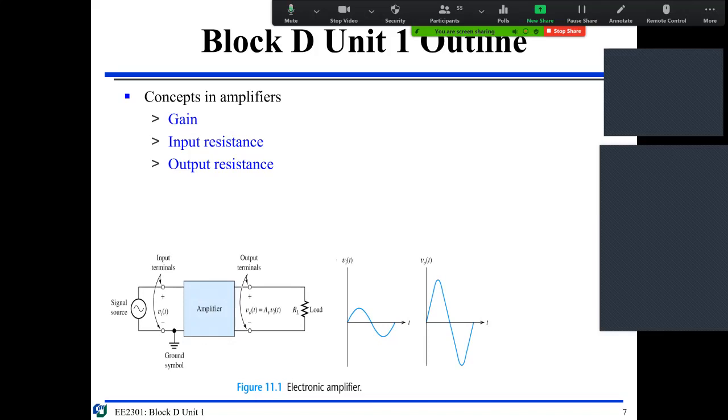Say this is a ground. You have an input, you get an output. You need to hook up the output. So basically there are three stages I can see. Stage one is a signal source. Stage two is amplification. Stage three is your load. You need to amplify the signal to do something, like drive a speaker, a loudspeaker.